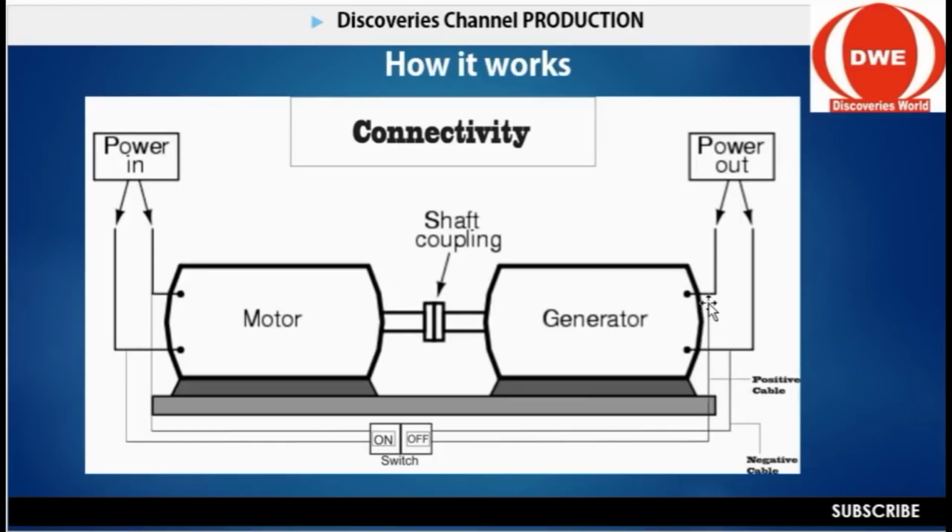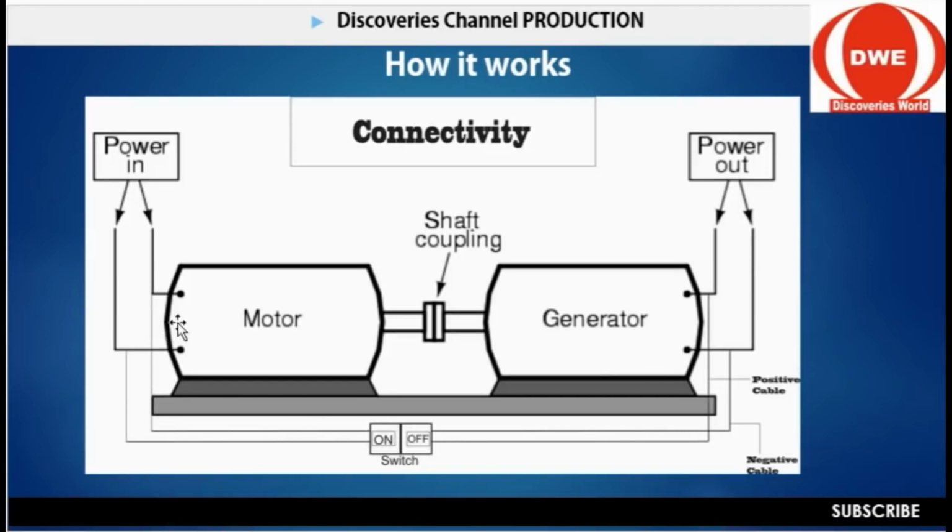This one is tapped to the output power, which is positive, and this one is tapped to the output power, which is negative, and it's all linked to the socket here. This is a control switch. When the control switch is off, the voltage from this generator always stops at this switch.